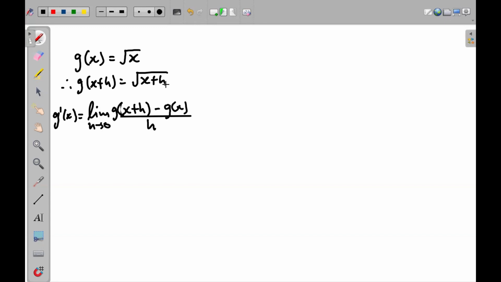Right. Then we're going to substitute. We are substituting an x plus h. And again, because g of x is just a single term, I'm not so much worried about brackets.